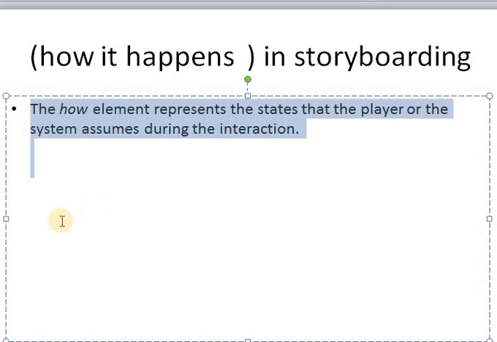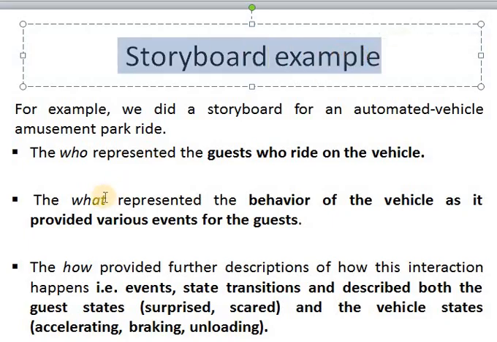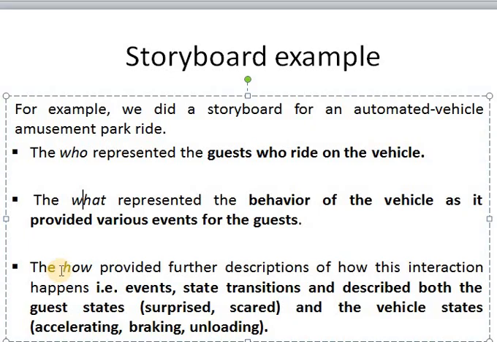Basically, how means what are the steps or sequence of activities that we will consider in order to perform some interaction. So finally, we will consider an example of a storyboard in order to respond to who, what, and how.